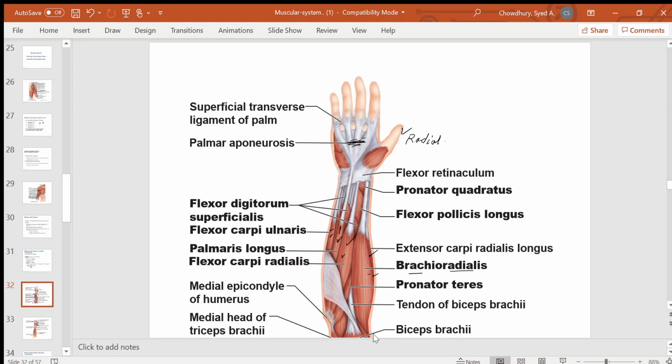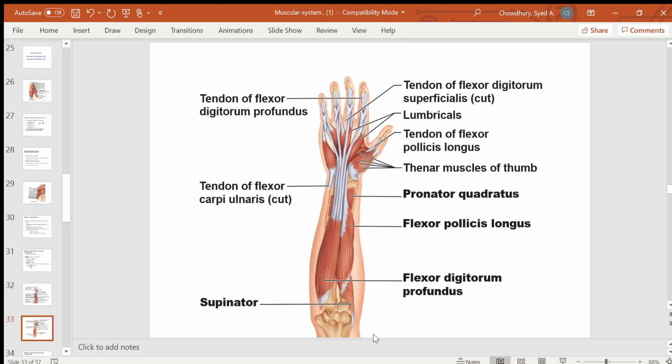Now, those are the superficial muscles. If you remove those muscles, you will be able to see the deep muscles under them. So, what are the deep muscles? This is a big one. Flexor digitorum profundus.